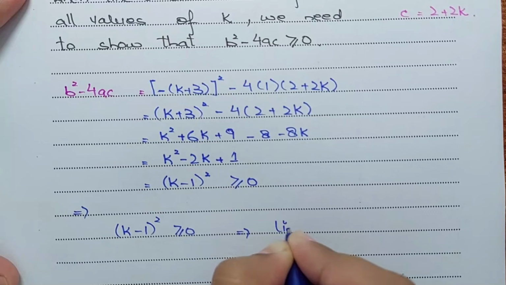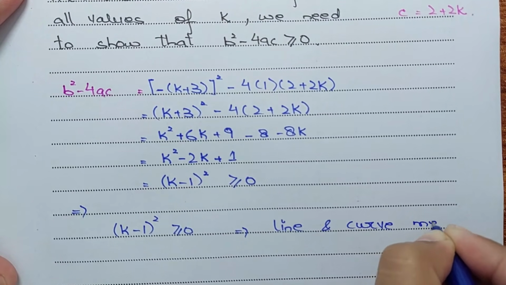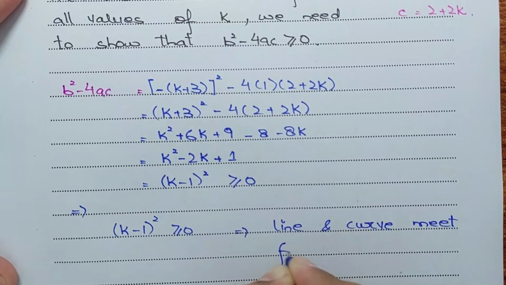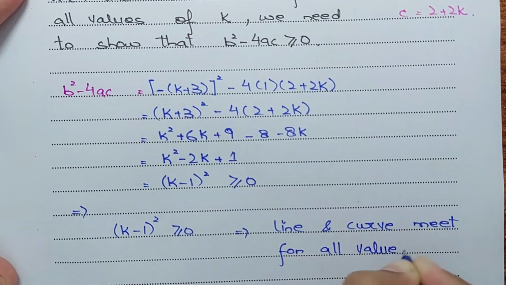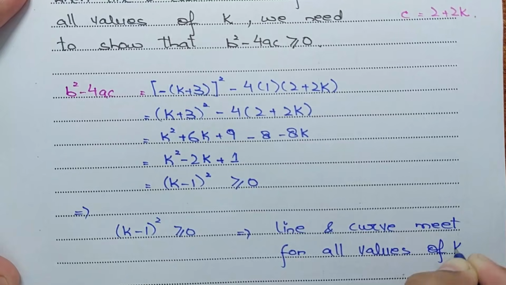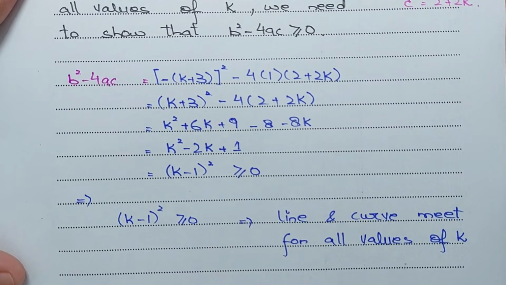So line and curve meet for all values of k. So you can put k equals to 0, 1, minus 1, 2, minus 2, your discriminant is always greater than or equal to 0. It is always positive. So it means the line and the curve meet for all values of k.